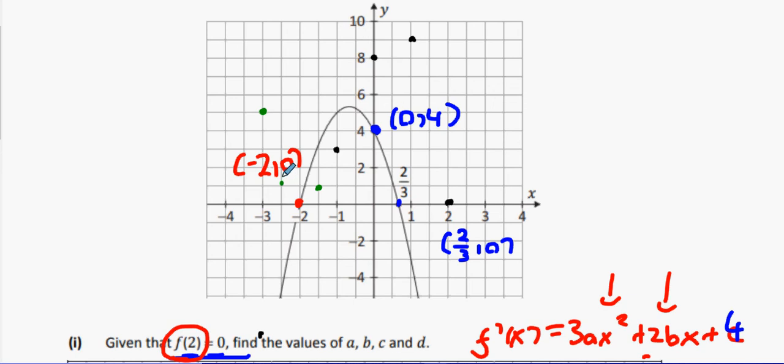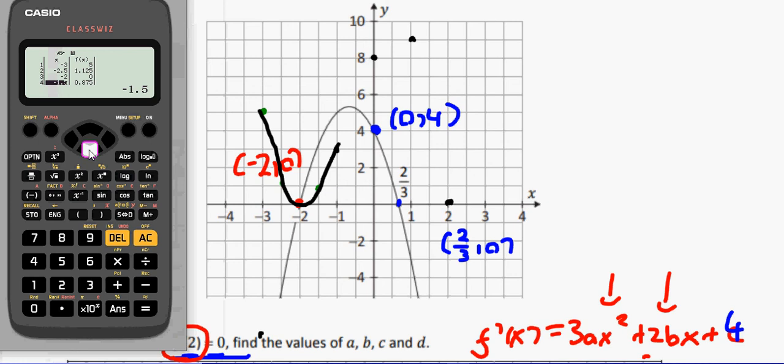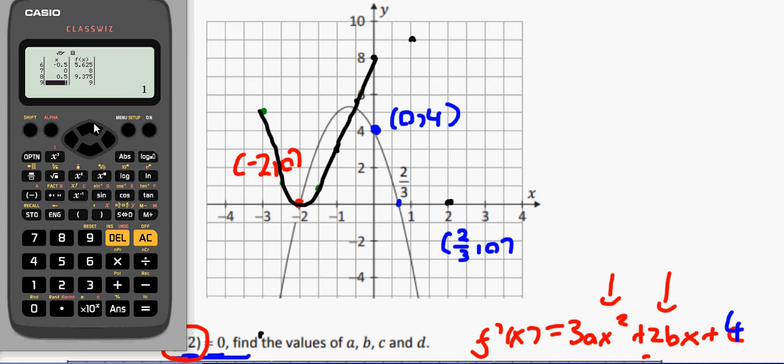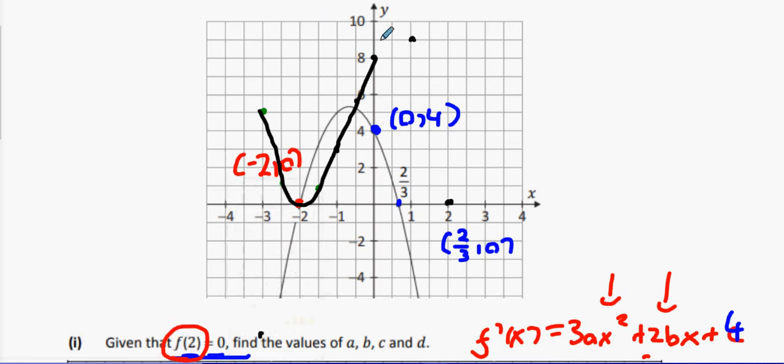Alright, so by drawing these green dots, I've actually learned how to draw this properly now. And then what's minus a half is 5.6 there. Okay, and then plus a half is 9.3.